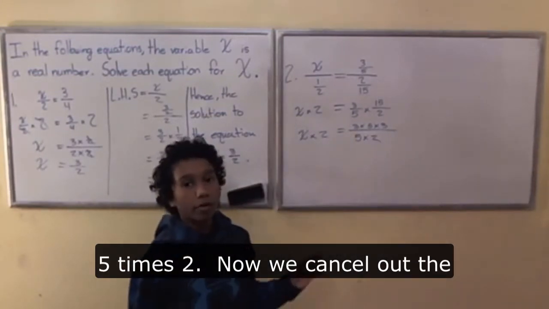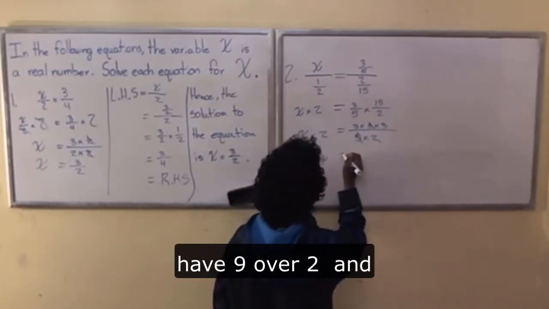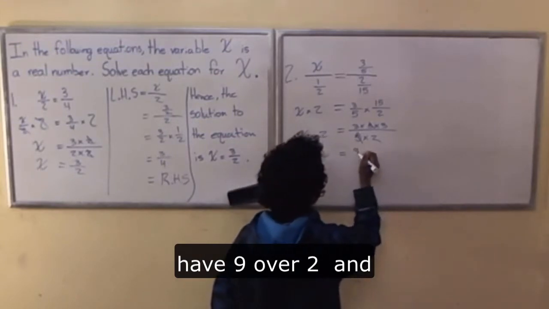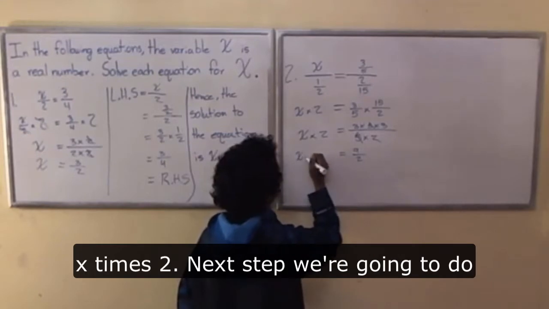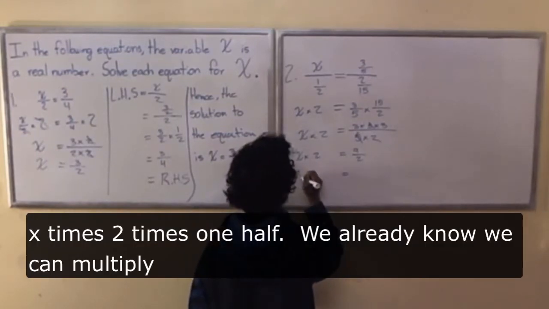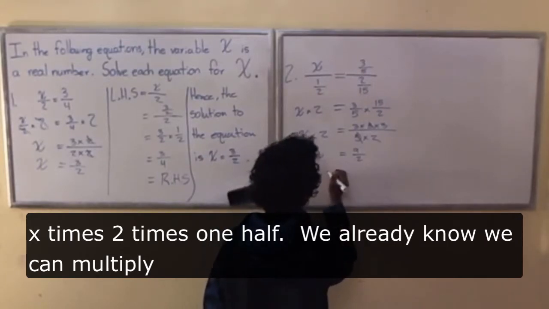Now we can cancel out the common factor of 5. Now we have 9 over 2 and x times 2. Next step, we're going to do x times 2 times 1/2.